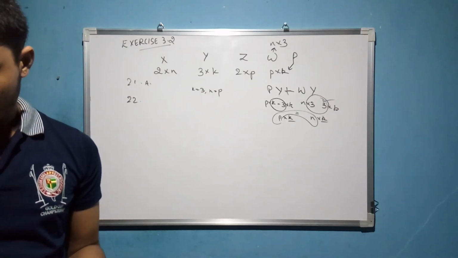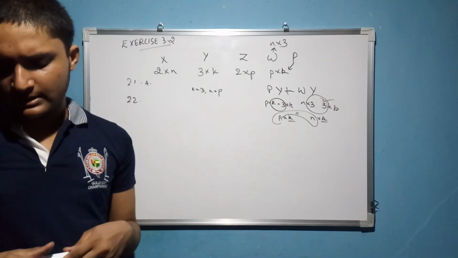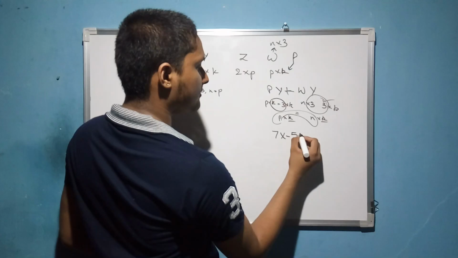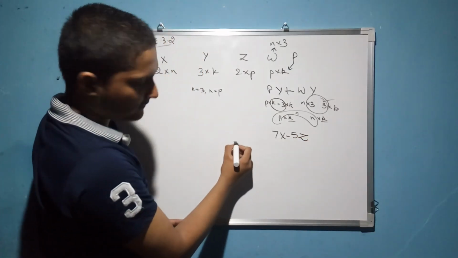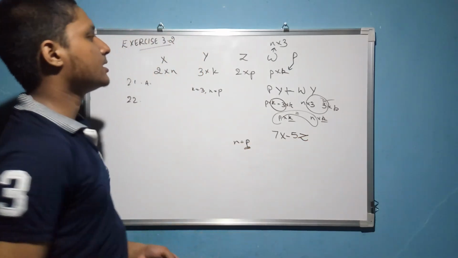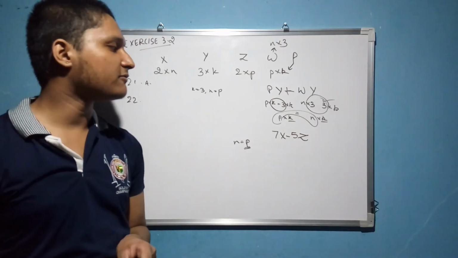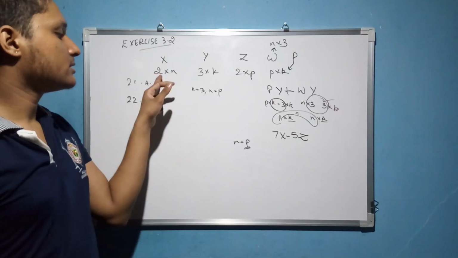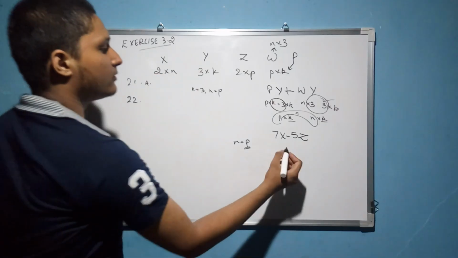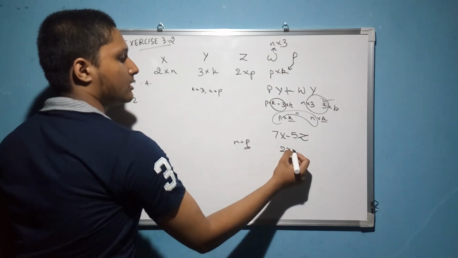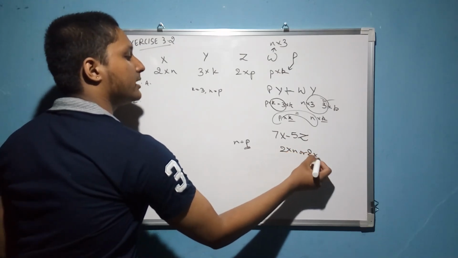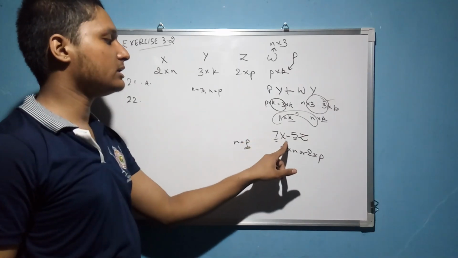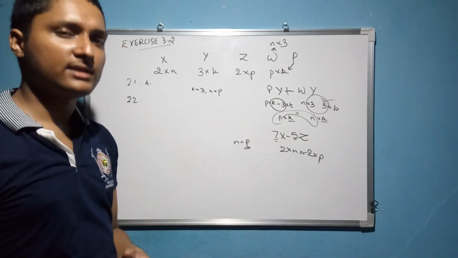Now you have your 22nd question where N is equal to P is given. Then you are asked to find the order of the matrix 7X minus 5Z. 7X minus 5Z. And it is given that N is equal to P. So what will you find? The order of 7X and minus 5Z? So if it is given N is equal to P, therefore it will be of 2 by N or 2 by P. Because scalar multiplication doesn't matter, so it is going to be simple addition only.